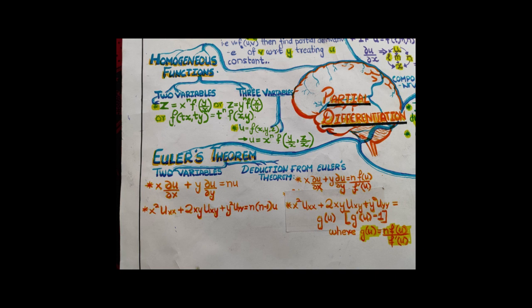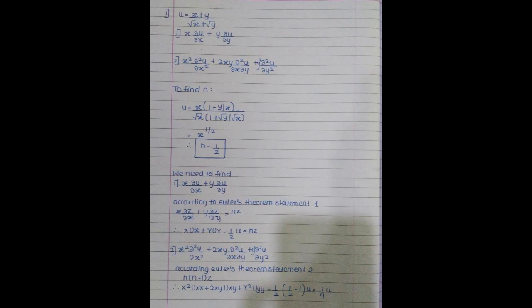Second, x² ∂²u/∂x² plus 2xy ∂²u/∂x∂y plus y² ∂²u/∂y² equals g of u times (g of u minus 1), where g of u equals n f of u upon f dash of u.